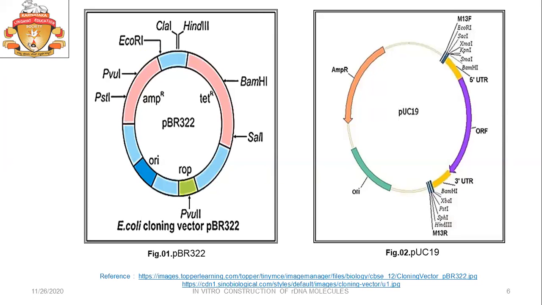The size of pBR322 is 4,360 base pairs. It has unique cloning sites like HindIII, BamHI, SalI, PstI, etc. And it also has marker genes like ampicillin and tetracycline.